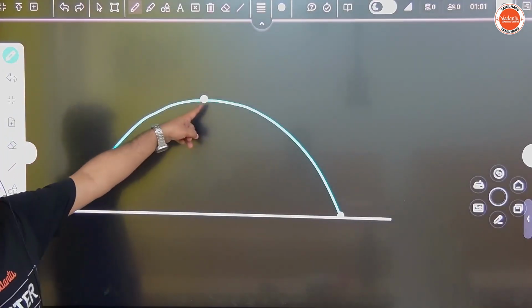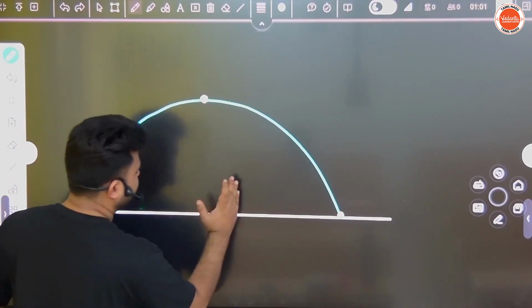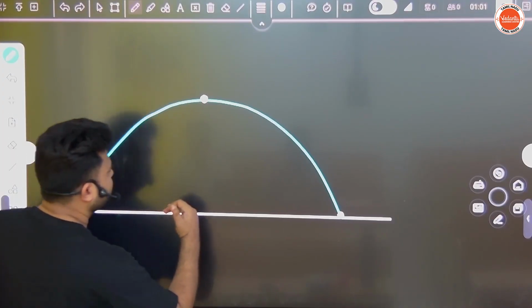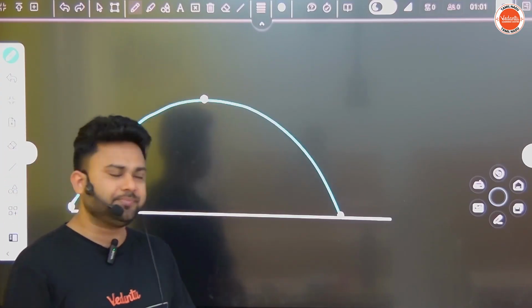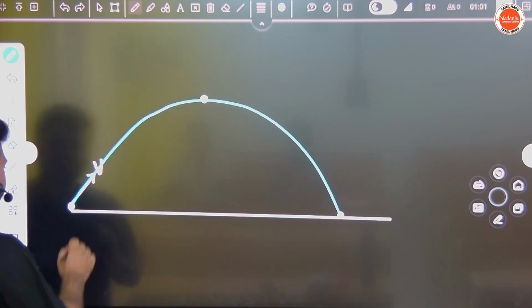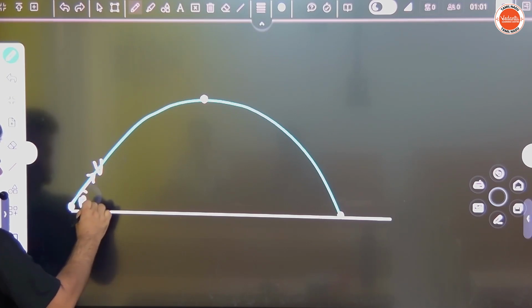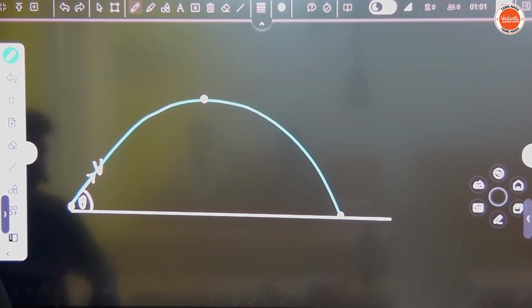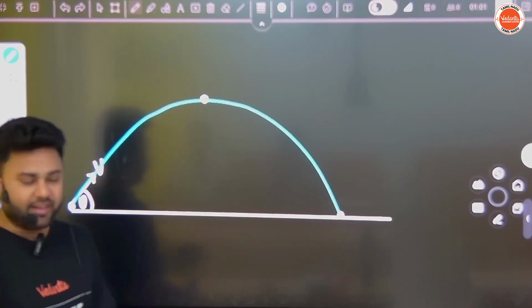So we can definitely say the ball has shifted to the right direction as well as to the upward direction. That's why motion in 2D. Now if this is V and this is the angle made from the horizontal, from the ground, you kick the football with velocity V, making angle theta.